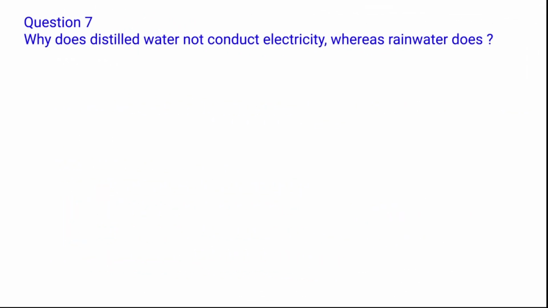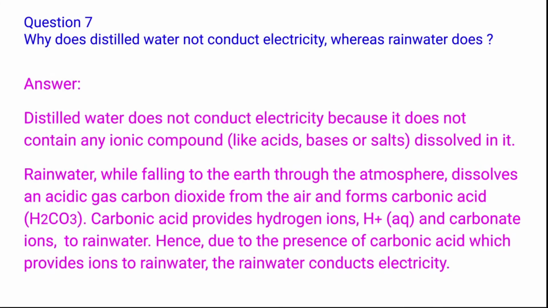Next we have question number 7. Why does distilled water not conduct electricity whereas rainwater does? Answer is distilled water does not conduct electricity because it does not contain any ionic compound like acids, bases or salts dissolved in it.